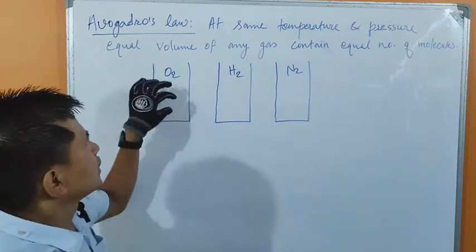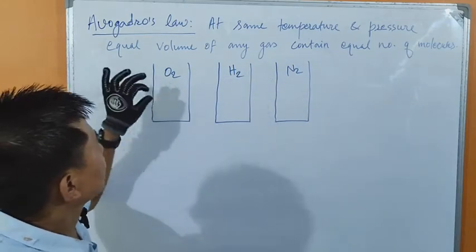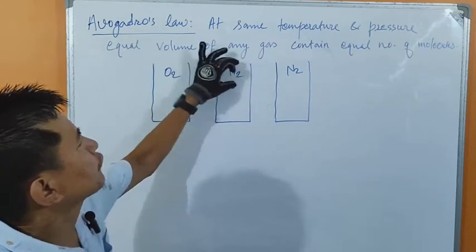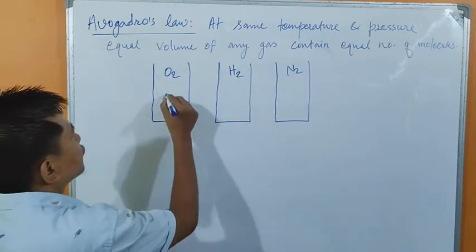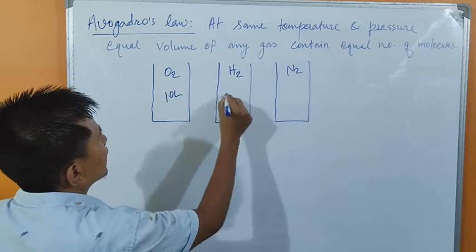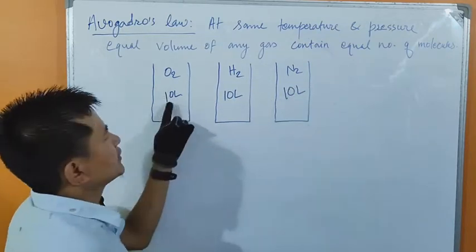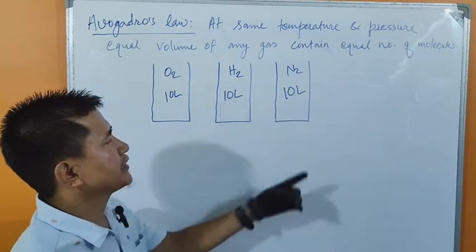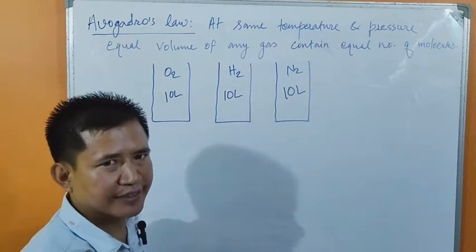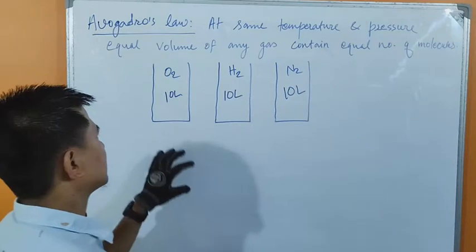These 3 cylinders contain different gases, but the volume of all the cylinders is equal. The volume of the first cylinder is 10 liters, the second is 10 liters, and the third is also 10 liters.